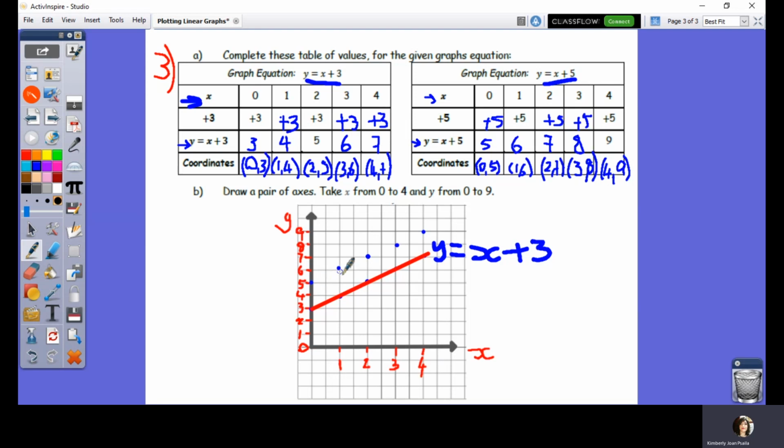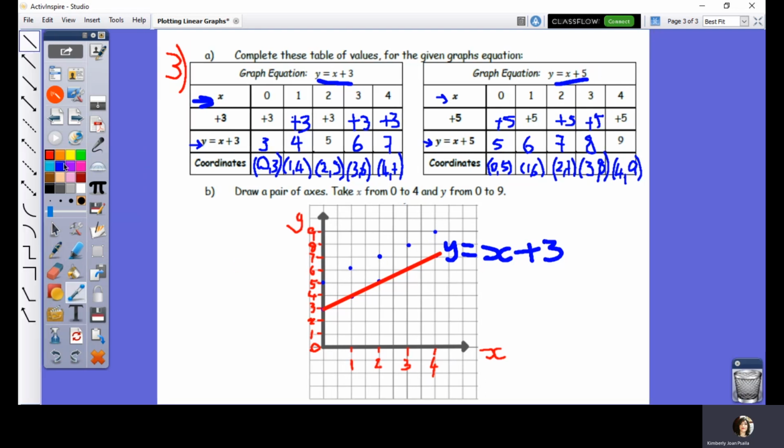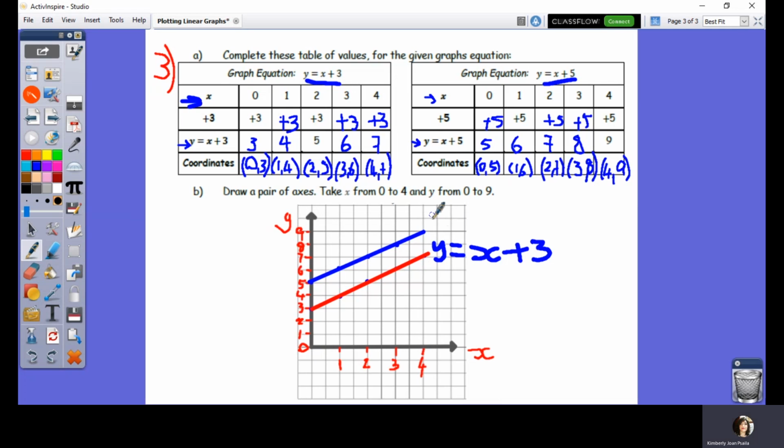Okay, you can see with your eyes that my line will produce a definite straight line. Okay, join your dots and write down the name of your equation. So y equals x plus 5.